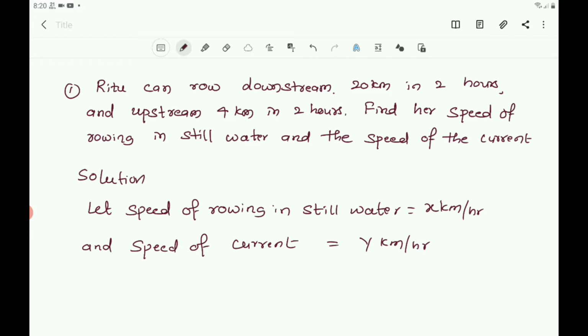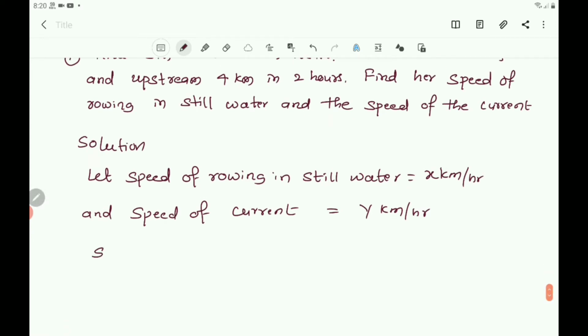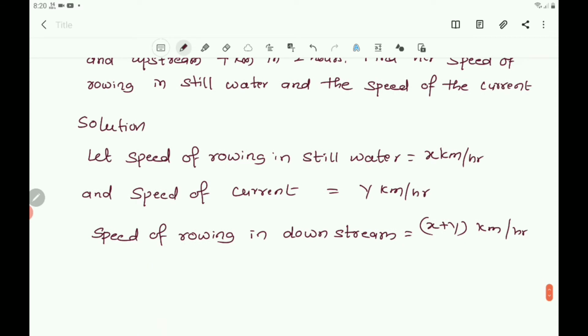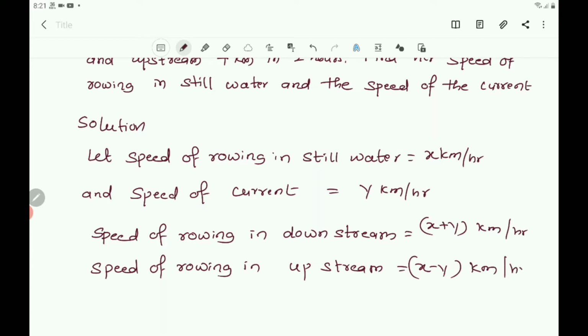So the speed of rowing in downstream becomes x plus y km per hour, and the speed of rowing in upstream is x minus y km per hour.